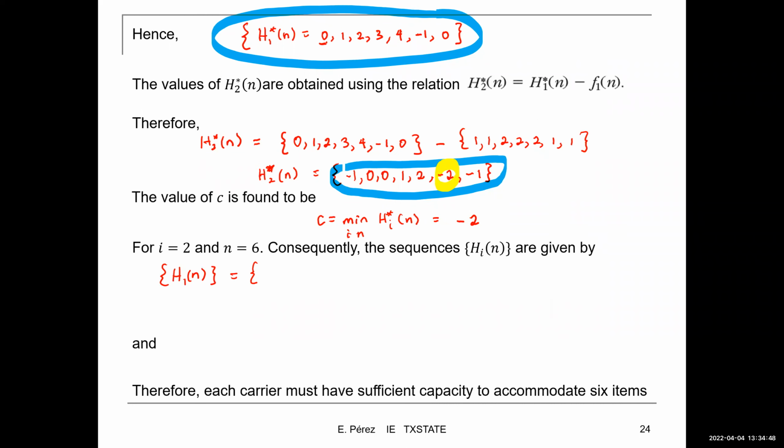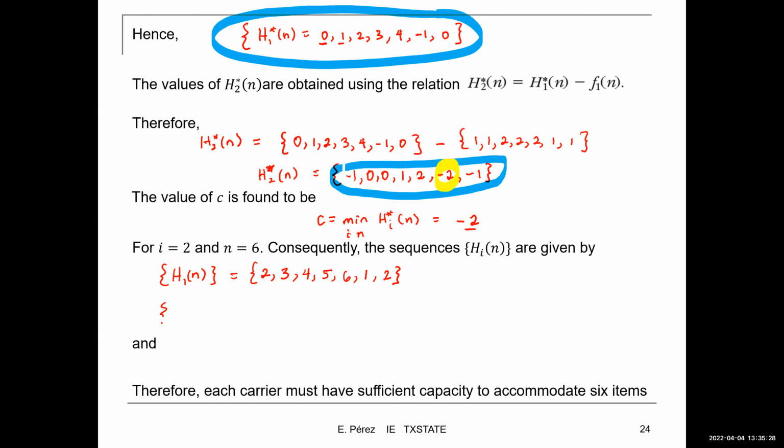We start with 0, and we subtract -2. That is 2. 1 minus -2 is 3. 2 minus -2 is 4. 3 minus -2 is 5. 4 minus -2 is 6. -1 minus -2 is 1. 0 minus -2 is 2.